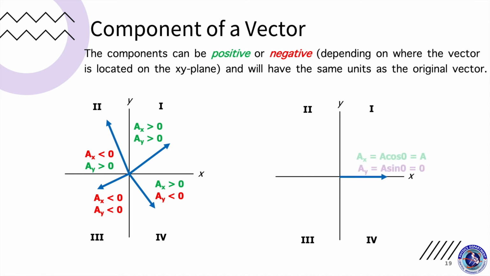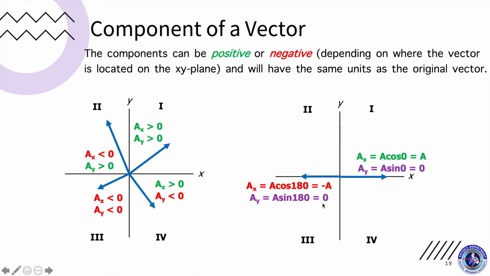If it's lying along the positive x or positive y-axis, and so on. For example, if it's lying along the positive x-axis, obviously your ax has the same value as the magnitude and your ay is simply equal to 0. If it's lying along the negative x-axis, of course your ax would be the negative value of your magnitude, and then ay is 0.